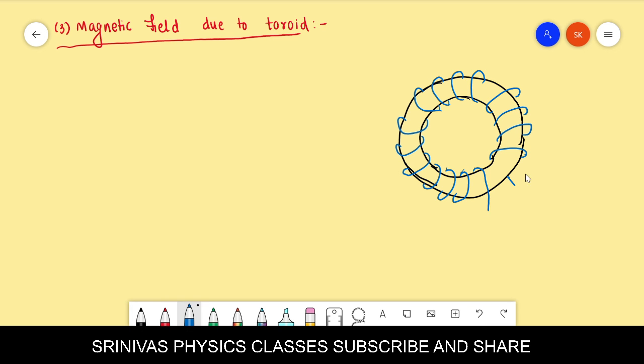Like this, it will be there. This is a toroid. Some current is entering it here like this. The current flows. If the solenoid is bent like a circle, that is called a toroid.